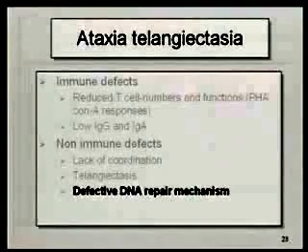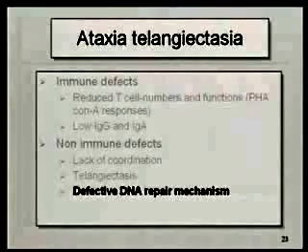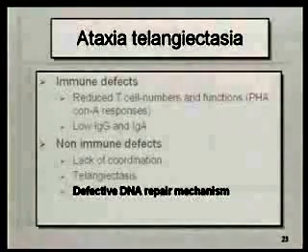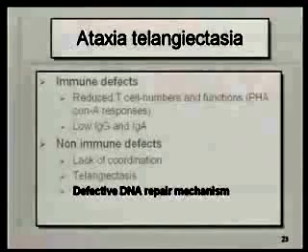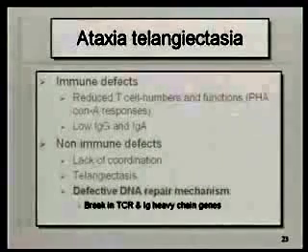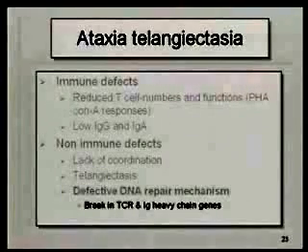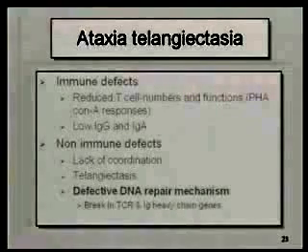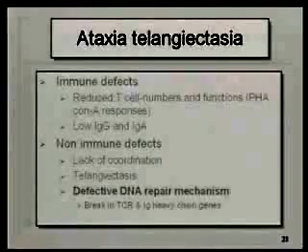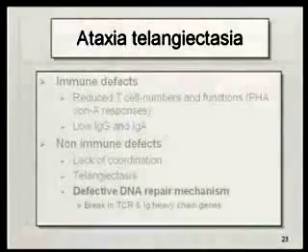And there is a defect in the repair mechanism, so when they are rearranging the genes, perhaps, that's my speculation, they cannot properly ligate them back again. Okay, break in TCR and Ig heavy chain genes, okay? So that's the molecular basis for the defect in ataxia telangiectasia.